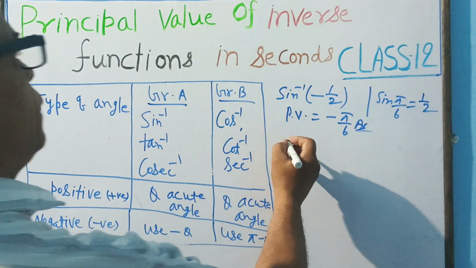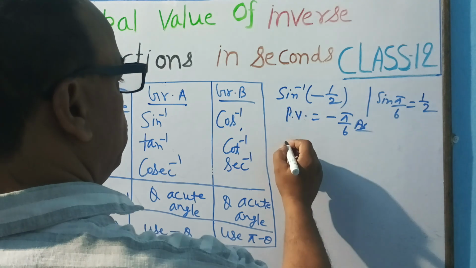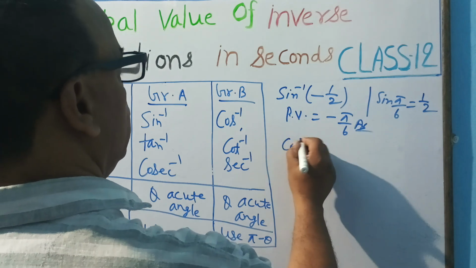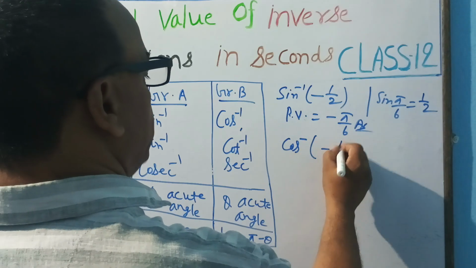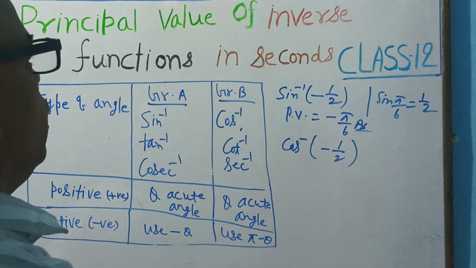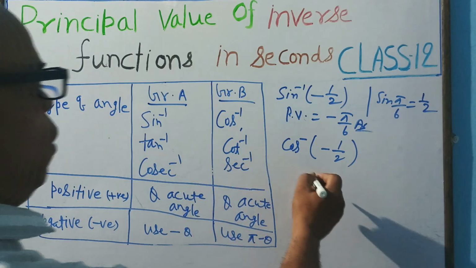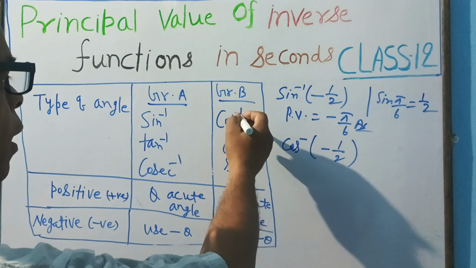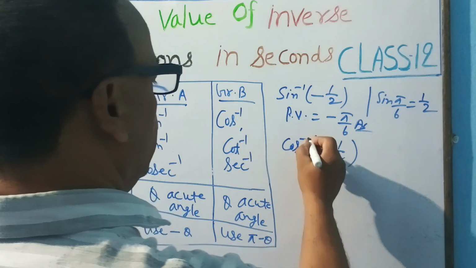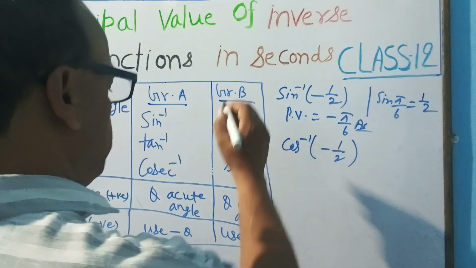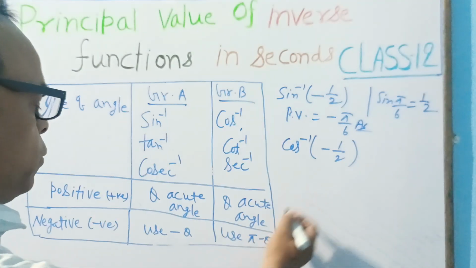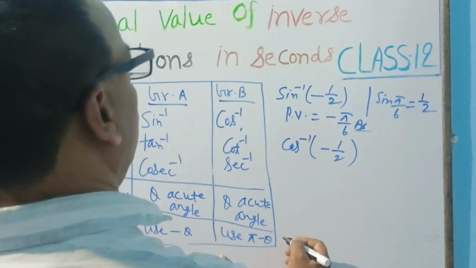And if we take some trigonometric ratio from group B, that is cos inverse minus half, cos inverse is in group B, and the angle in the bracket is negative, so we will use pi minus theta.